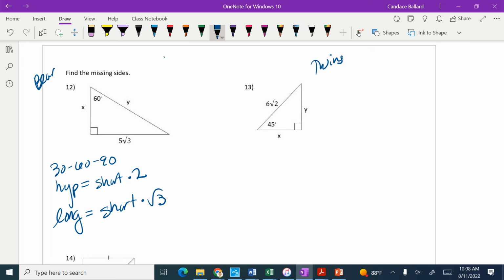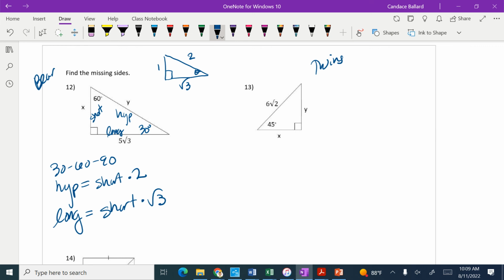If you're thinking about the way Miss Rondeau does it with bears, there's something about this being a 2, this being a 1, and this being a square root of 3, and she uses ratios on it. I've got to find x and I've got to find y. If this is the 30 degrees, remember across from my 30 is the short leg, across from the 60 is the long leg, and the hypotenuse is still across from the right angle.